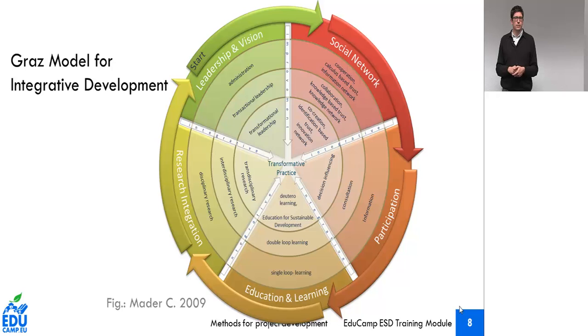So this model for integrative development brings those 5 principles of leadership, social network, participation, education, learning, and research together in a very integrative and interconnected way that steers us towards a more transformative way, and also towards sustainable development.